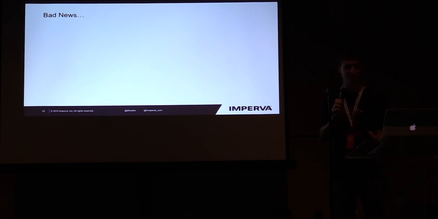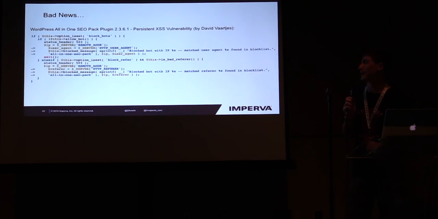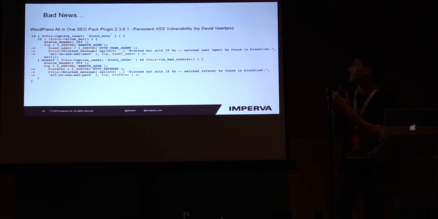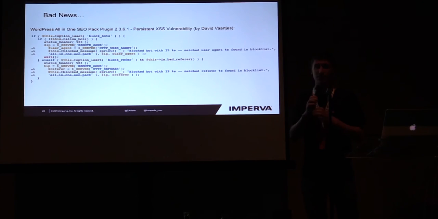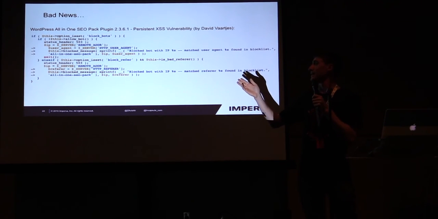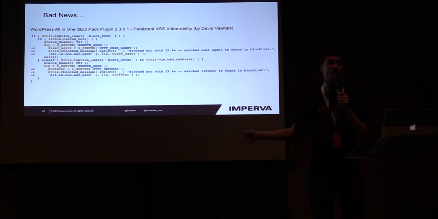And as an example, we'll take a vulnerability that was published a few months ago by David Vaclavek. This is a vulnerability in an SEO plugin of WordPress. And here we see the vulnerable code.